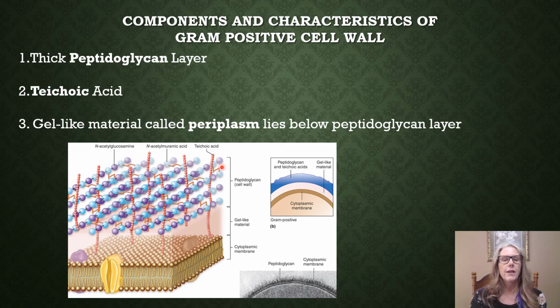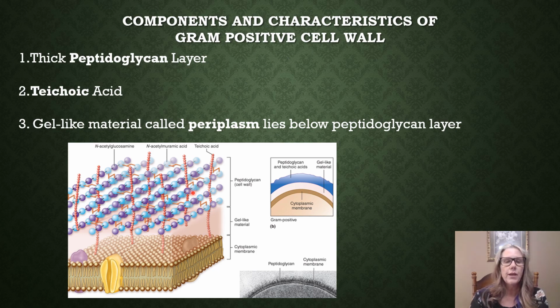Now these red strings that you see going through them are another component called teichoic acid. The teichoic acid will actually stick out from the top of the peptidoglycan layer on the external surface of that cell. The teichoic acid is thought to be important in cell wall construction and also cell division.